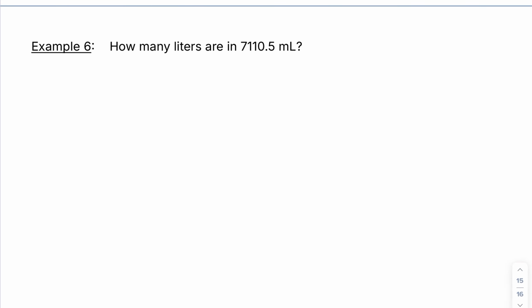How many liters are in 7,110.5 milliliters? So again, we start with what we're given, 7,110.5 milliliters. Then we're going to go through the conversion factor, and that is 1 liter is equivalent to 1,000 milliliters.